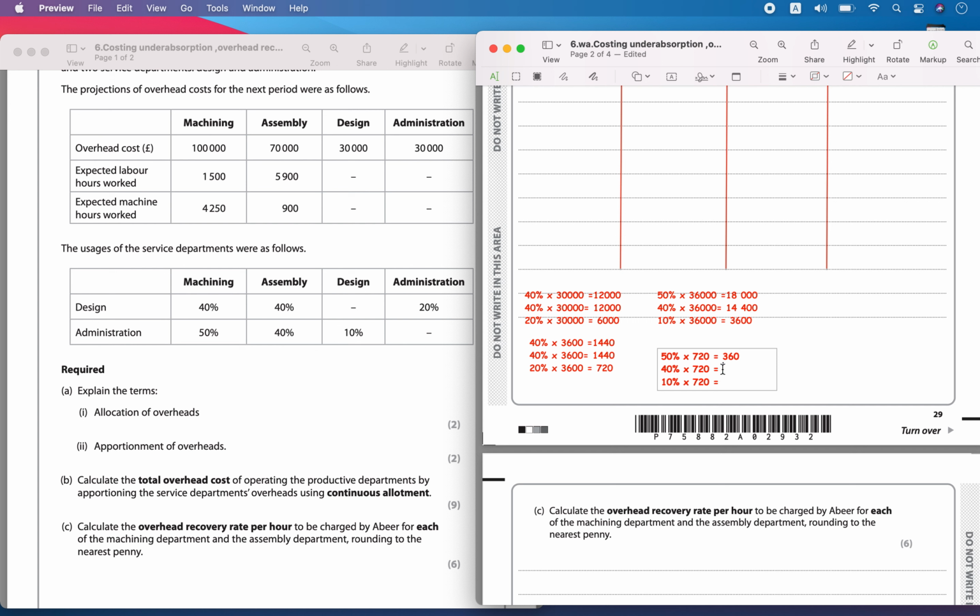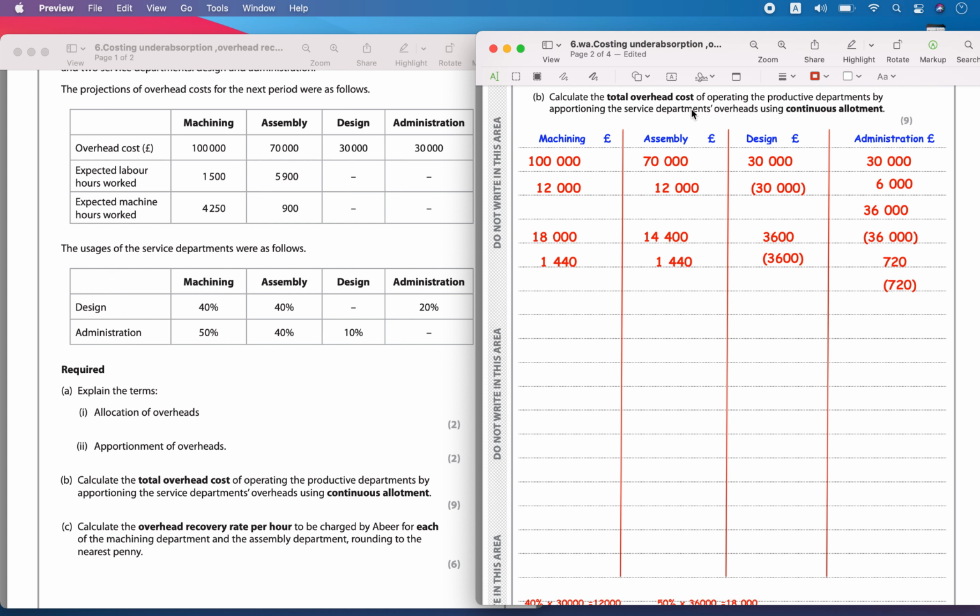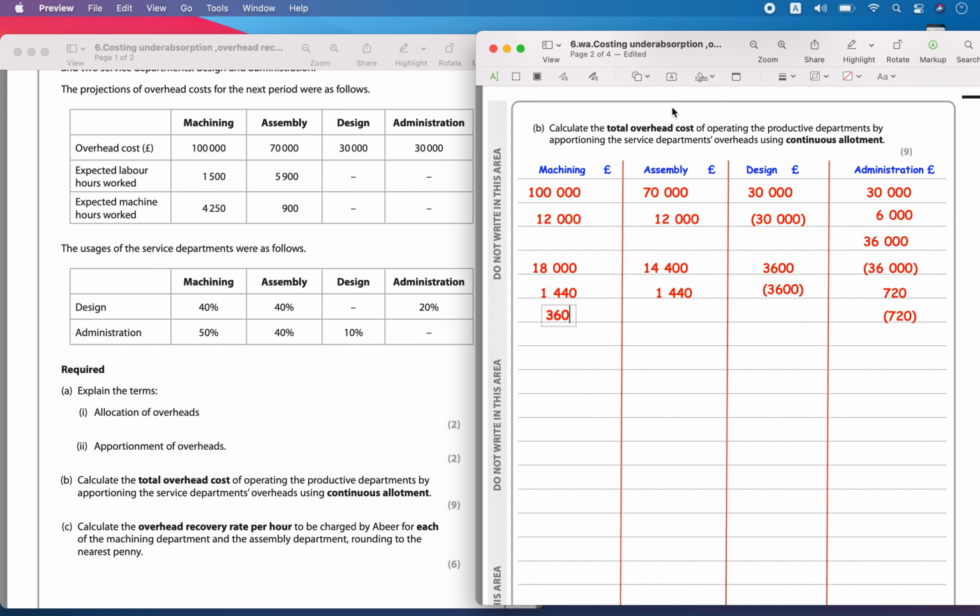The second one is 40 percent of 720, which is 288, and 10 percent of 720 is 72. So let's write these values here: 360, 288 and 72.